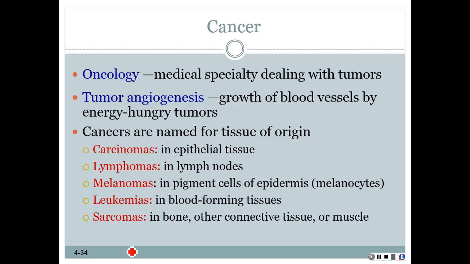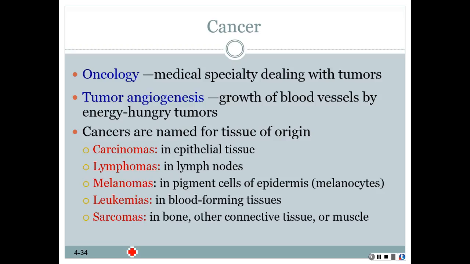Mutations can arise simply through errors in DNA replication or from exposure to carcinogens, such as radiation, from UV rays or X-rays, chemicals such as those in cigarette smoke, and viruses such as HPV, hepatitis, and type 2 herpes simplex.